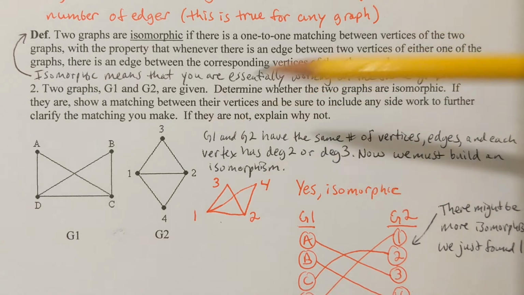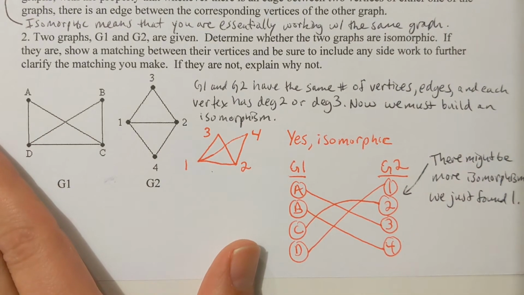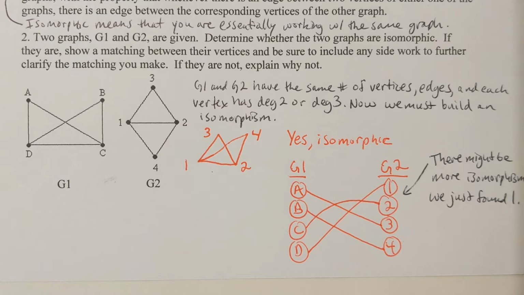Okay, so problem 2, two graphs, which we'll call G1 and G2, are given. Determine whether the two graphs are isomorphic. If they are, show a matching between the vertices, and be sure to include any side work to further clarify the matching that you make.